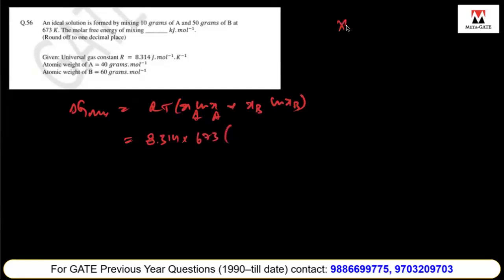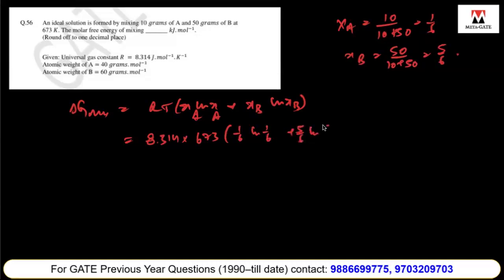And XA is 10 by 10 plus 50, so it is 1 by 6, and XB is 50 by 10 plus 50, equal to 5 by 6. So it is 1 by 6 ln 1 by 6 plus 5 by 6 ln 5 by 6. So this is equal to minus 3.01 kilojoule per mole. And we check the values asked in kilojoule per mole. So it is minus 3.01.